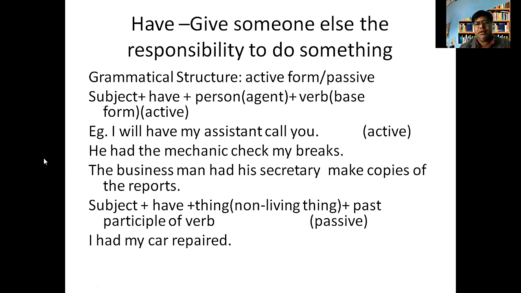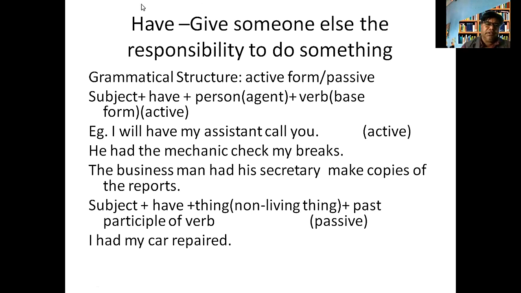But we can also use another causative verb: have, to give someone else the responsibility to do something. When we use have, we are giving or providing the responsibility. Therefore, in that situation, there is no forceful situation.